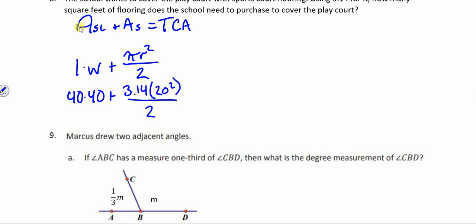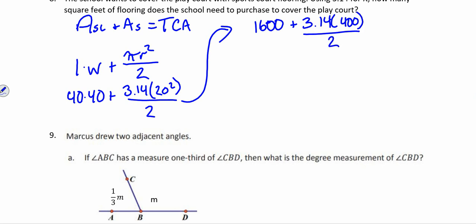Well, 40 times 40 is going to be 1,600, plus 3.14 times 20 squared, which is going to be 400. 20 times 20 is 400, divided by 2. Well, 2 and 400 could both be reduced by 2, so I'm going to go ahead and do that. 1,600 plus 3.14 times 200. 400 divided by 2 gives me 200.